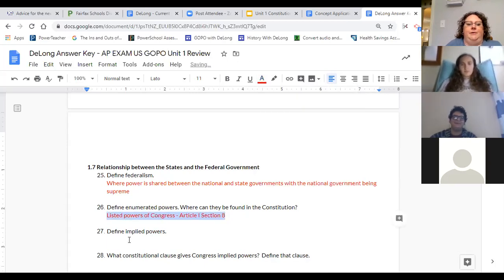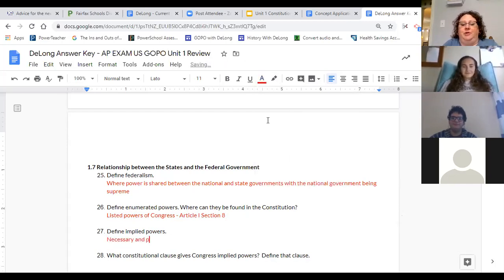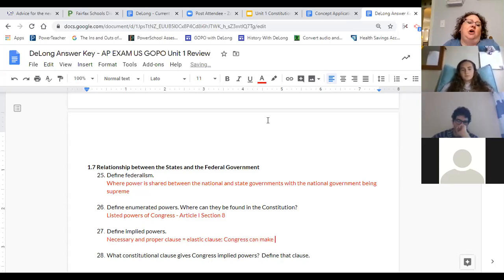All right, implied powers. Also found in the necessary and proper clause, also called the elastic clause, right? So it's this idea that Congress can make laws necessary to implement other enumerated powers.